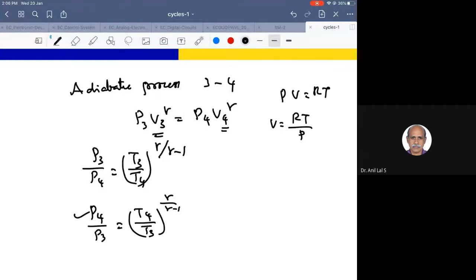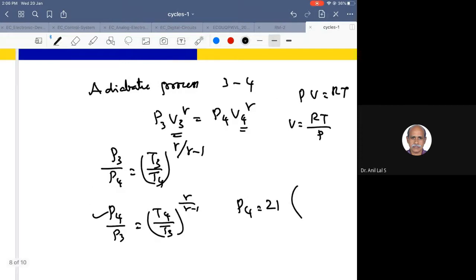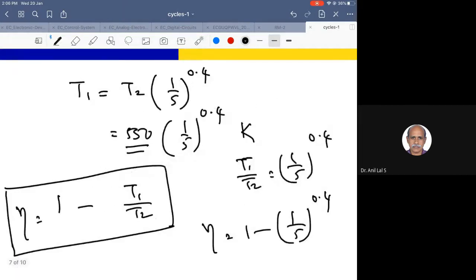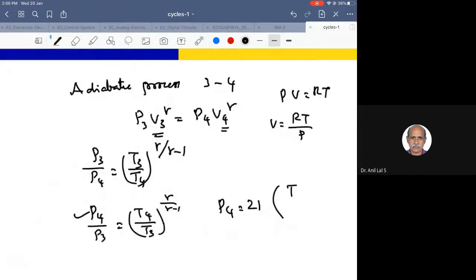P4 is to be found out, P3 is known, 21 bars. So P4 is equal to 21 into T4 by T3. T4 we obtained, it is T1, divided by T3, which is 550 Kelvin, raised to 1.4 divided by 0.4. That will give you P4.